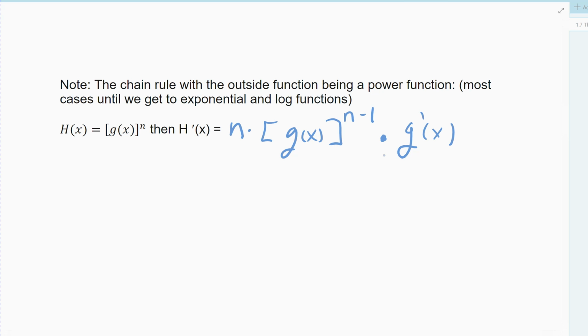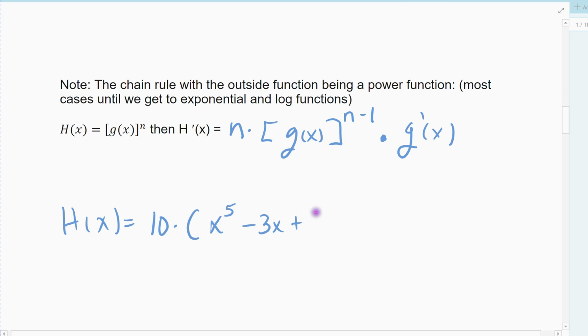So again, just to do a simple example before I get to more examples in the next video. A simple example would be something like 10 times x to the 5th minus 3x plus 1, raised to the 4th degree. Now 10 is just a constant multiplier. It comes along. The 4th degree out here is the outside. That's the n part. And then the polynomial is the inside.